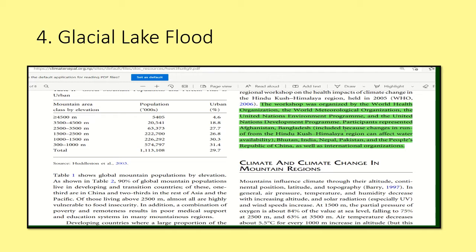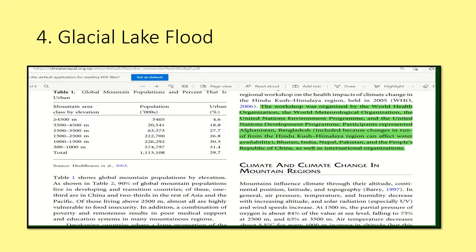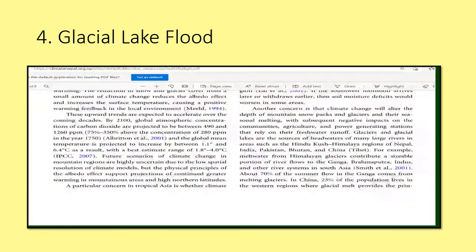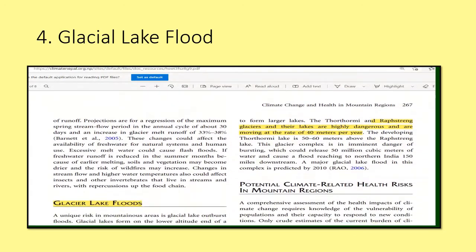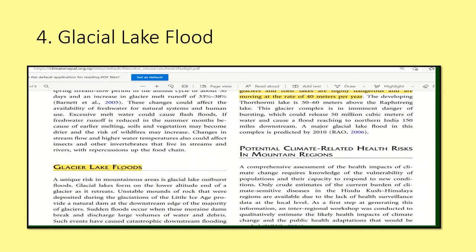And if the rainfall and the water supply are hampered, that will ultimately lead to a negative impact on agricultural production, and that will be responsible for crop failure, and ultimately it will be a question of food security and water security for millions of people of South Asia. And another crucial adverse effect is the glacial lake flood.